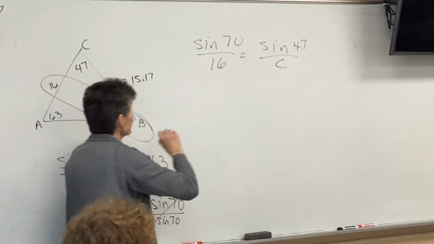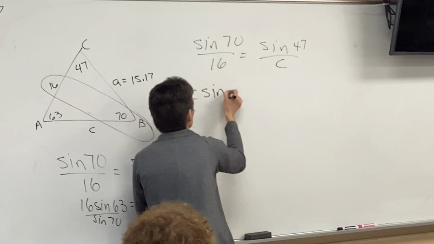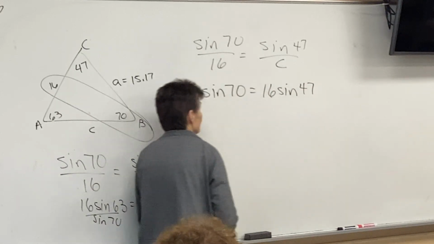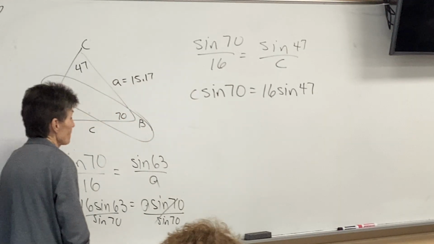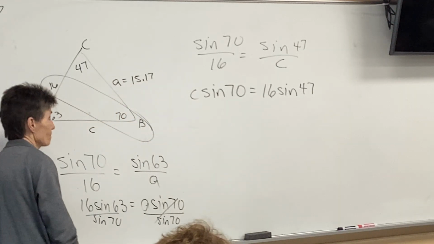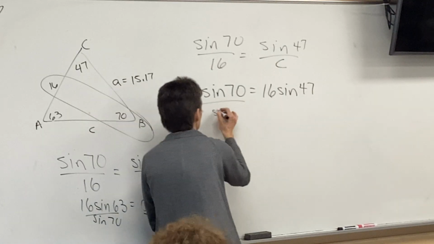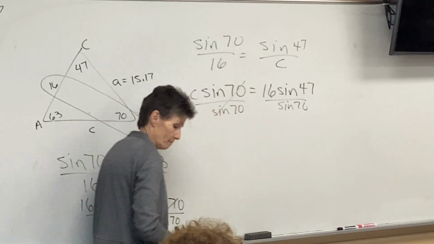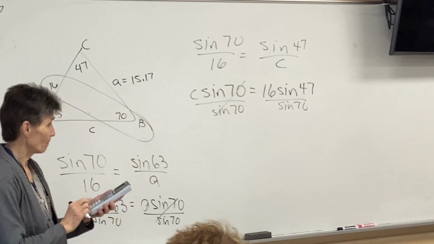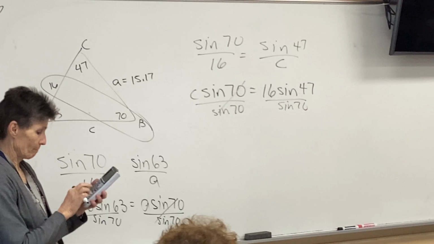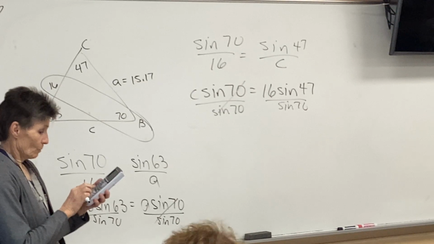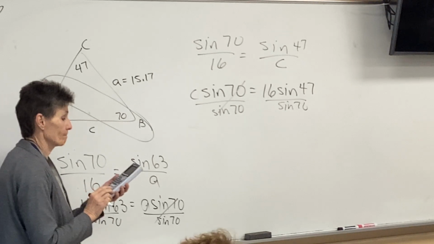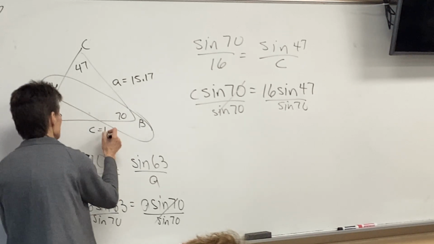Now we'll do sine 47 over C. So we cross multiply and divide by sine 70. What'd you get? 12.45, that's what I got too.